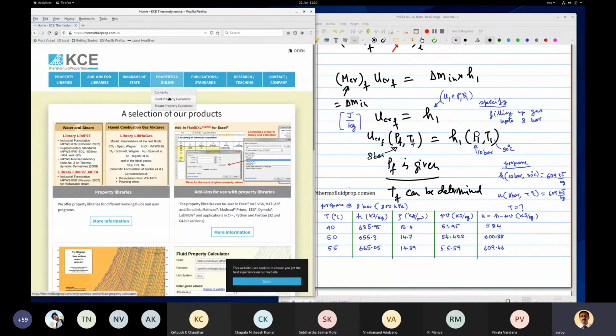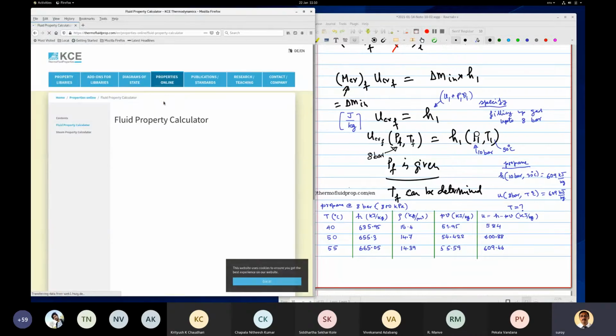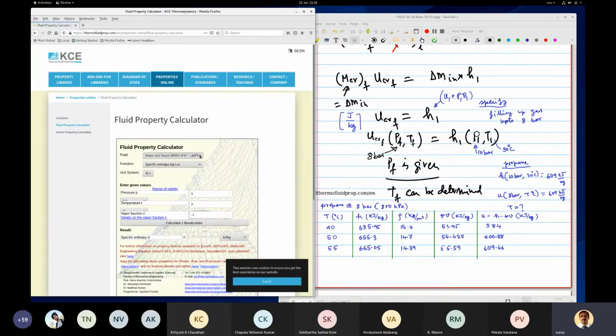This property is online, a fluid property calculator. Let us go, and I choose propane.